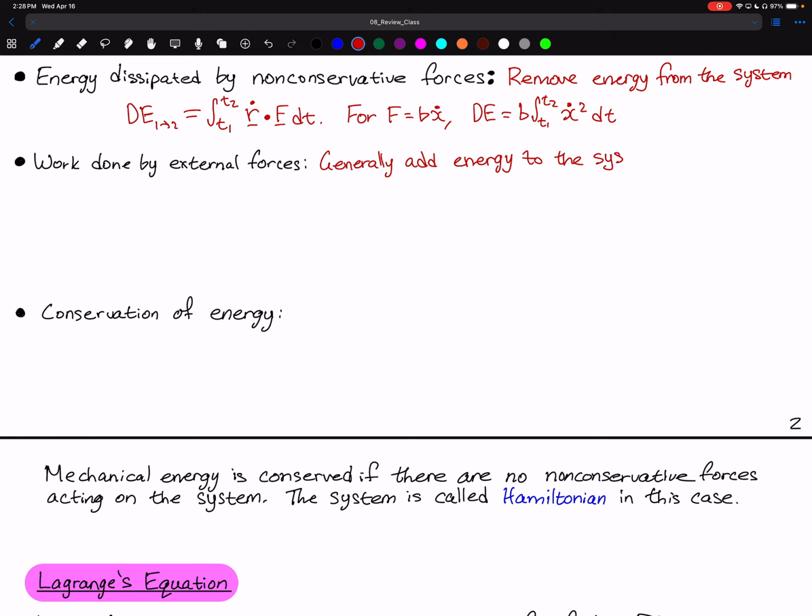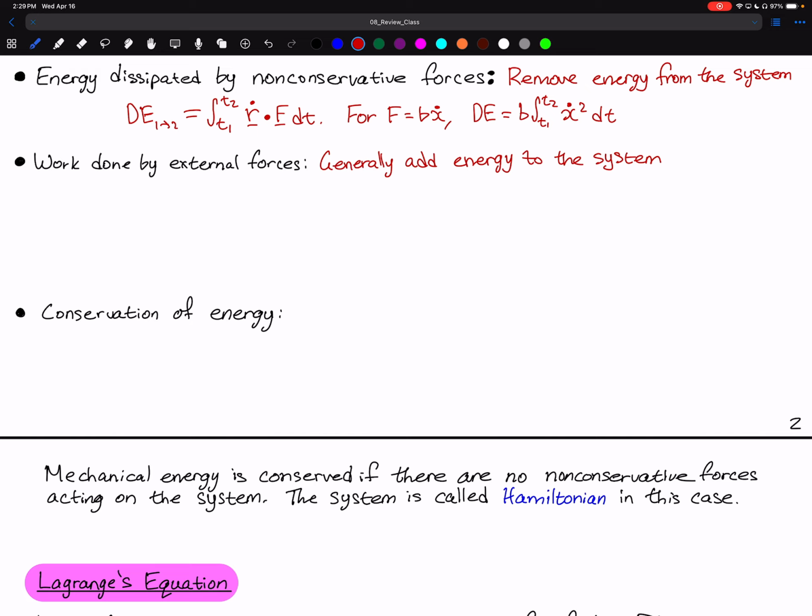The reason is that if you want to use an external force to remove energy, you've got to tune that force to precisely line up with the response of the system, precisely oppose that response. Whereas any generic input is just going to add energy.